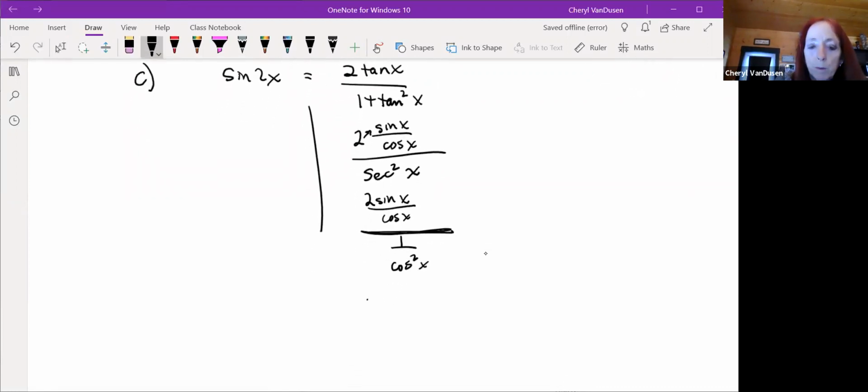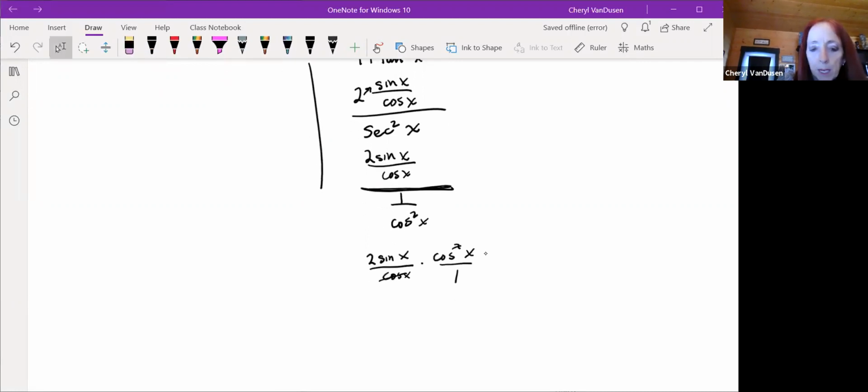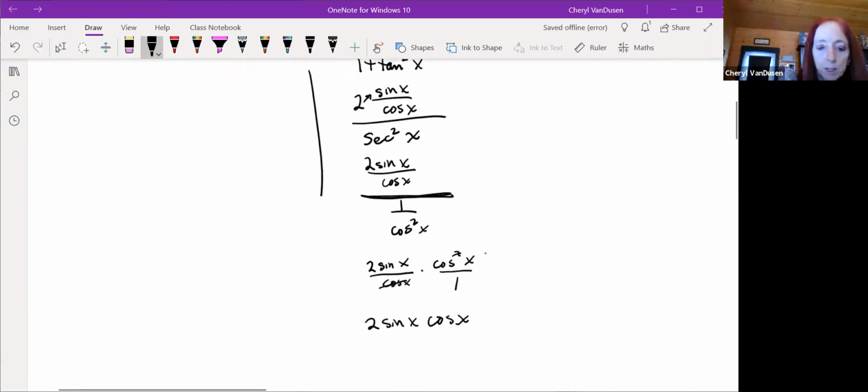So now we're going to invert and multiply. We're going to get 2 sine x over cos x multiplied by cos squared x over 1. And the cos x will cancel the cos squared, and we get down to 2 sine x cos x. Now I'm just going to bring the other side. It says sine 2x. I'm going to bring it down here.